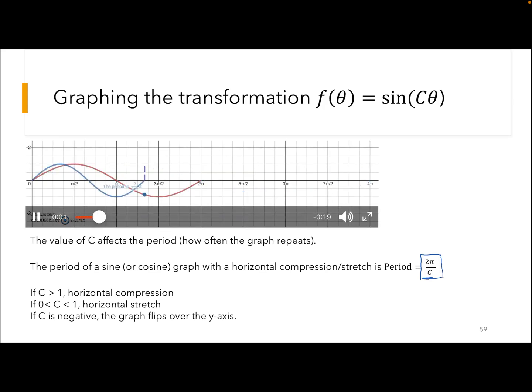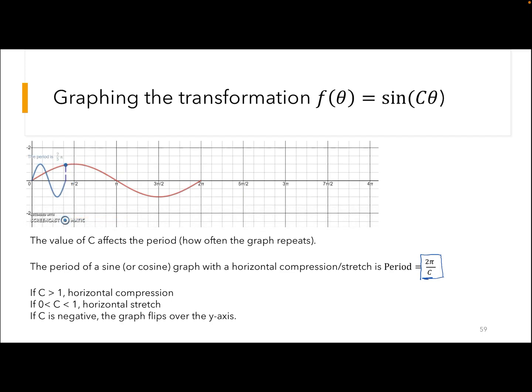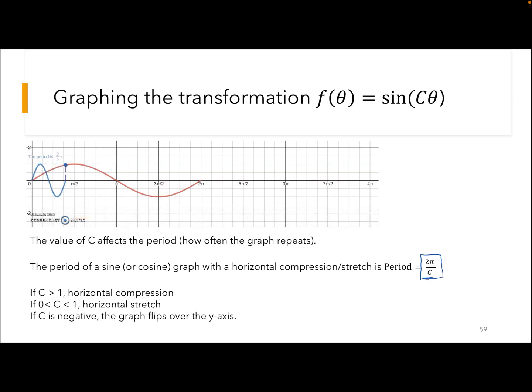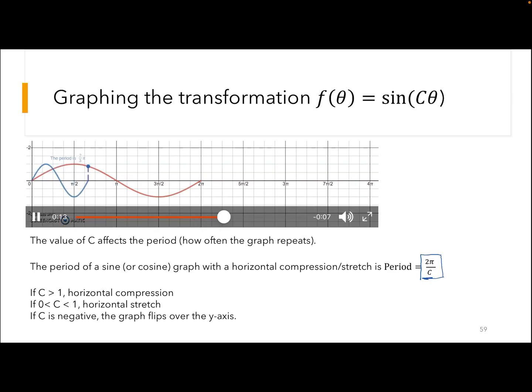So now the red graph in this video is the basic sine graph. So you can see that when C is a large value, it's going to make the graph narrower.